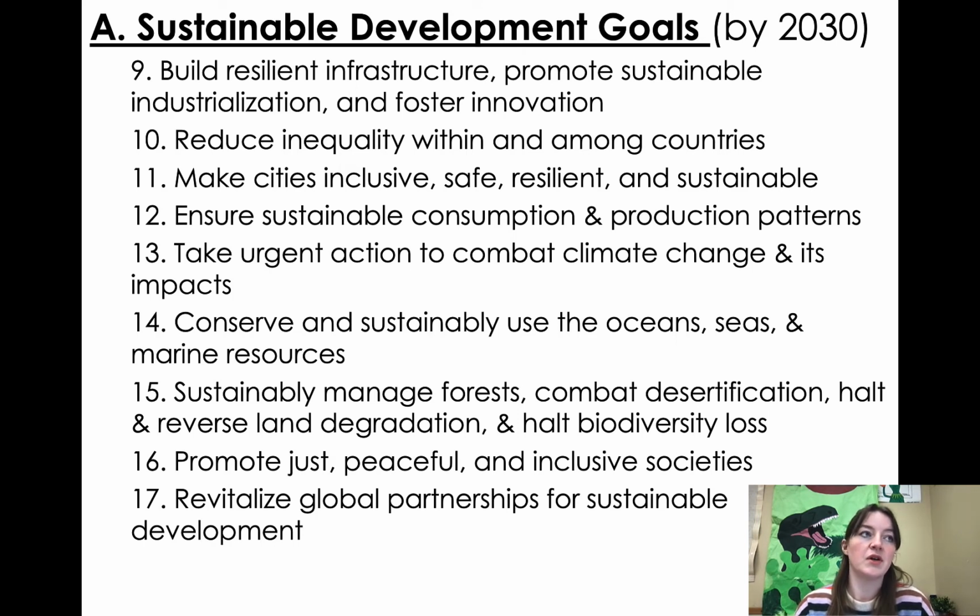Overall, these sound really all-encompassing, and they kind of are. But remember that ending poverty looks different in Chad versus Canada. It doesn't mean we're bringing everybody up to the same level. It just means that we get rid of those extremes, where people die because they can't afford food, water, or medication.